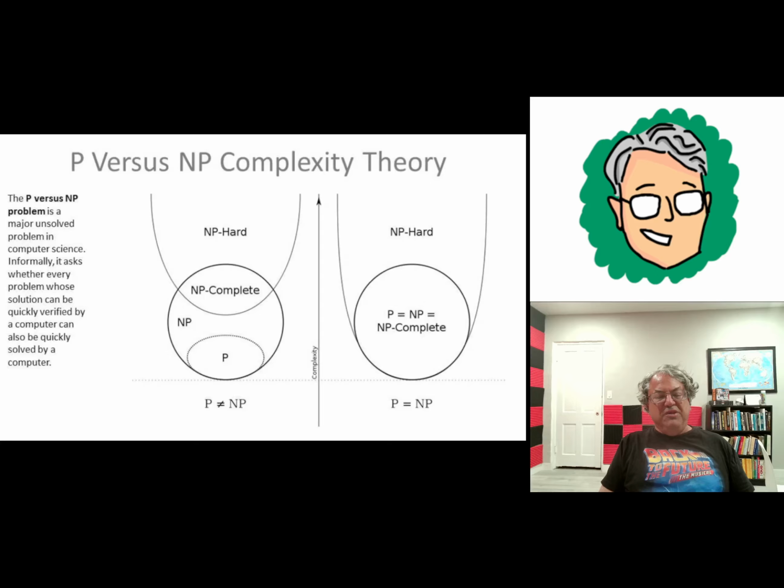is that if P equals NP, which is shown on the right, that would mean that every problem that can be checked in polynomial time can also be solved in polynomial time. Like Rubik's Cube. I think a Rubik's Cube is another good example. I don't know how many of you have solved a Rubik's Cube. They're really, really difficult unless you know the trick.